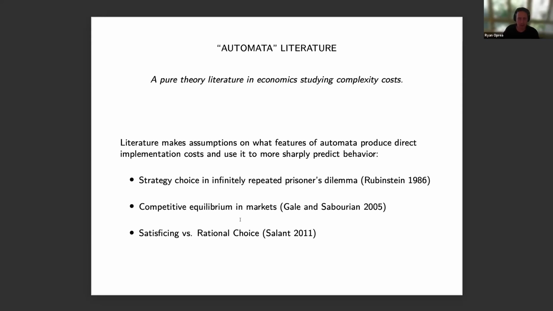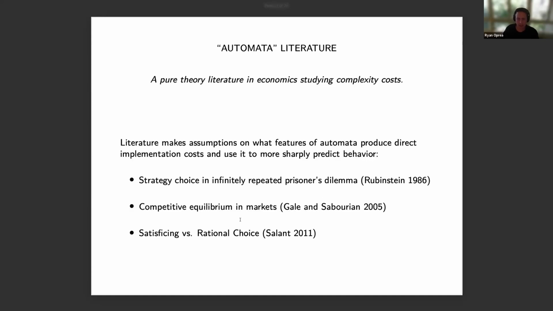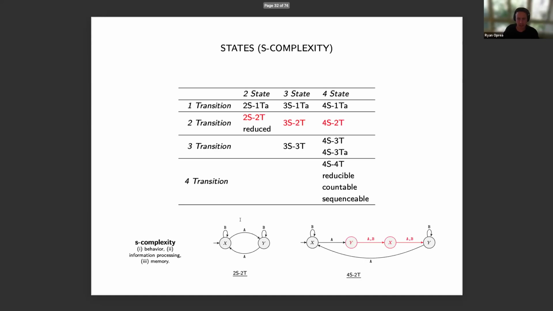Okay, so I'm going to use this as a sort of inspiration for starting out thinking about this. And the first theory I'll assess is something the literature sometimes calls S complexity or state complexity. This is a hypothesis that rules that at their simplest have to be described with more states are more complex, more costly to decision makers.